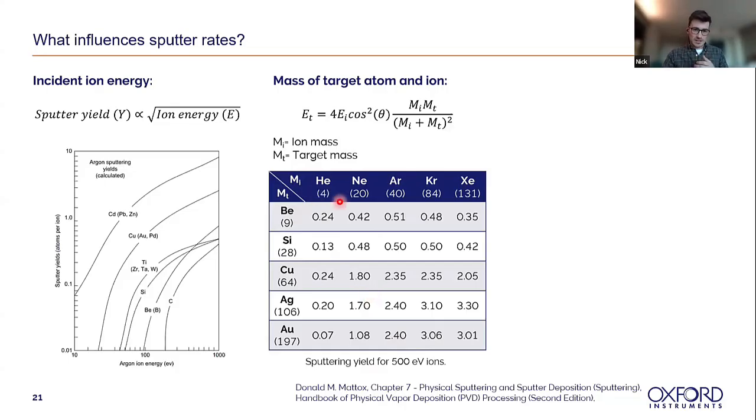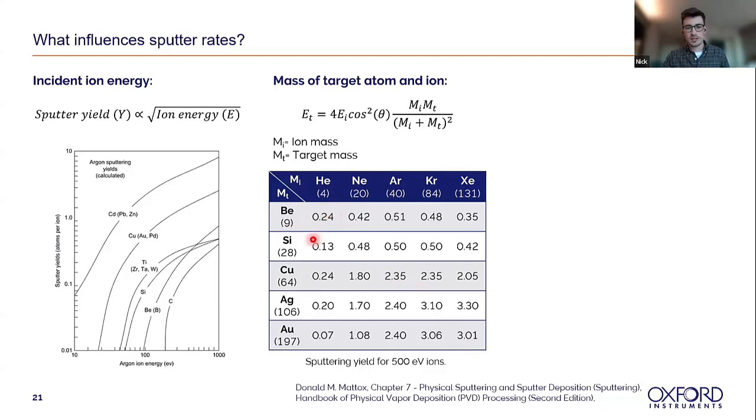It shows very nicely, for all the inert ions at the top here, with increasing mass from left to right, different ion masses and different target masses. We see that there's generally an increasing diagonal trend, with higher sputter yield when there's a good match between the target mass and the ion mass.